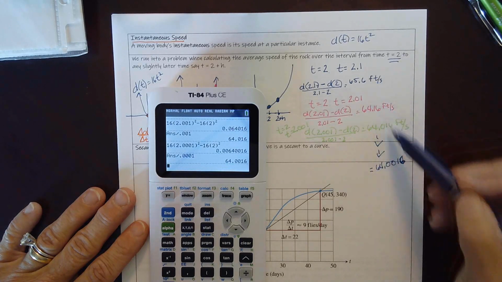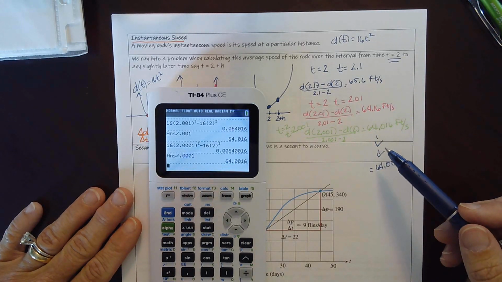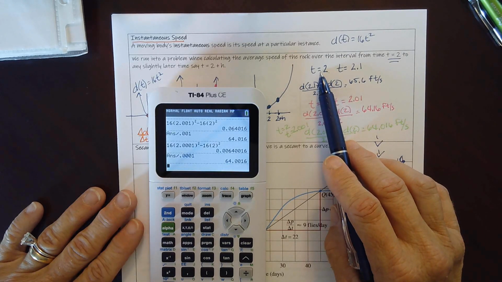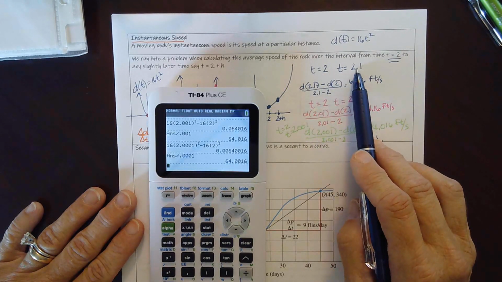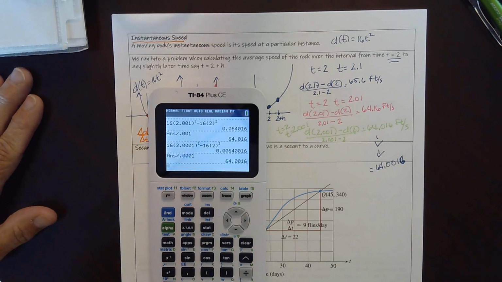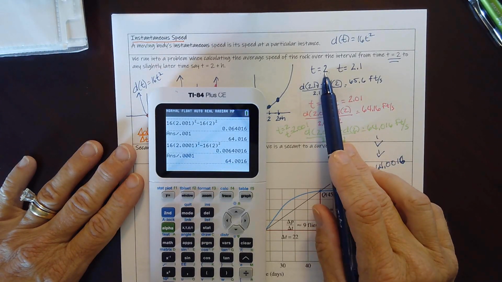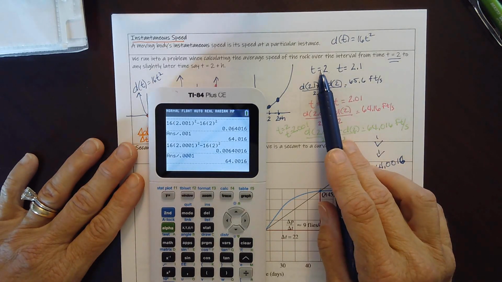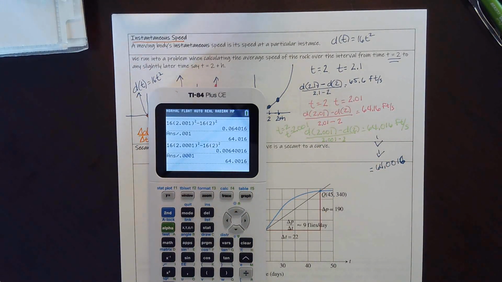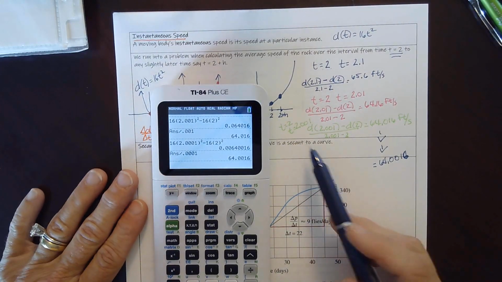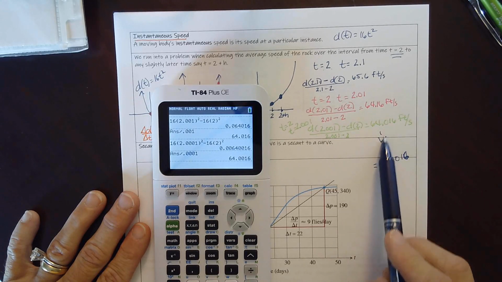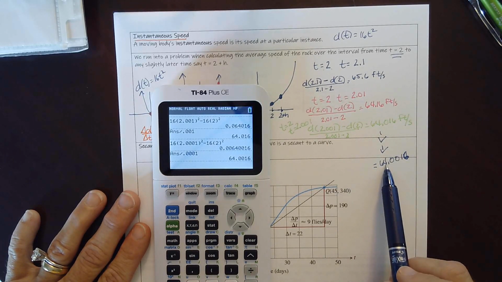And how did we come up with those values? Well, we wanted to calculate the speed, the average speed of the rock, or the average speed between time intervals that get closer to 2, and the closer to 2 that we got, the closer our average speeds got to 64.